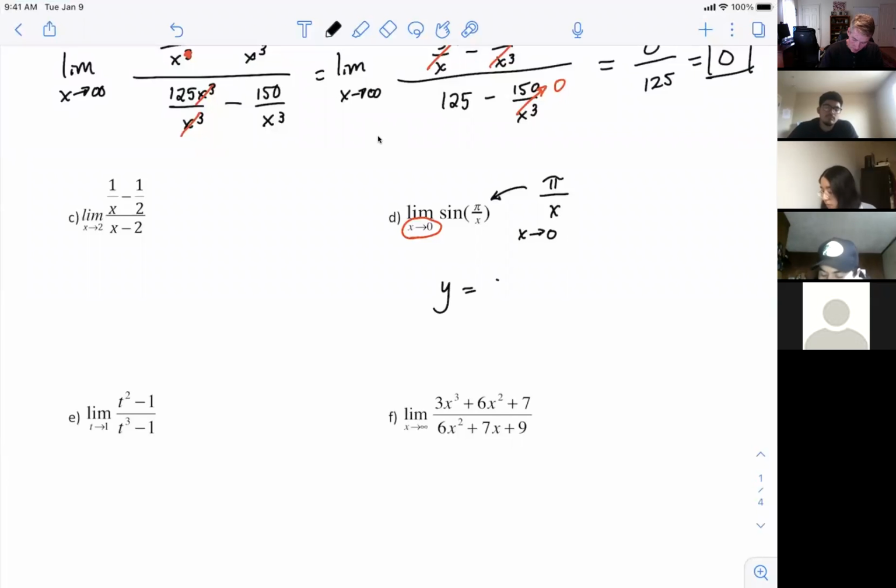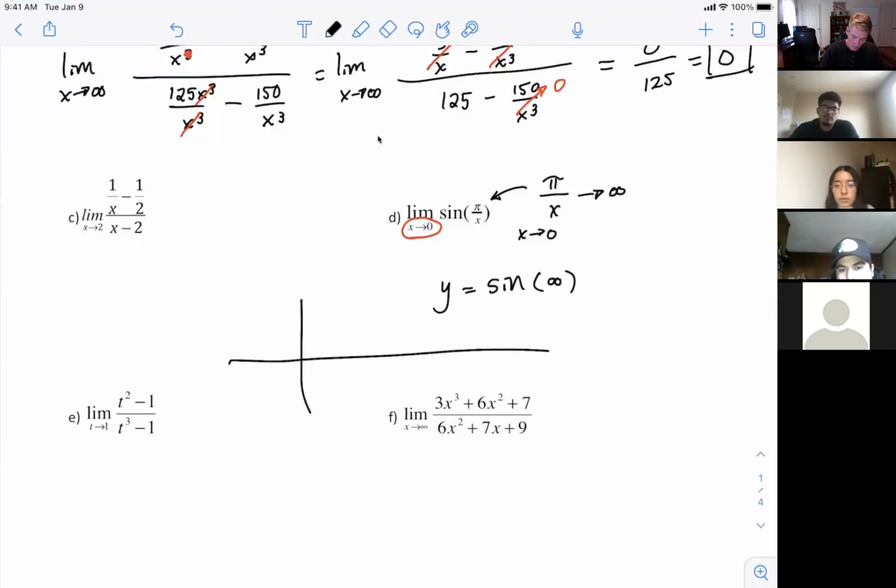So if you were to look at the sine graph, and this part is going to infinity, so it's basically becoming, what's sine of infinity? Well, for one cycle, the sine graph looks like this. But if you're supposed to go out to infinity, that means that you have to keep following the sine graph.